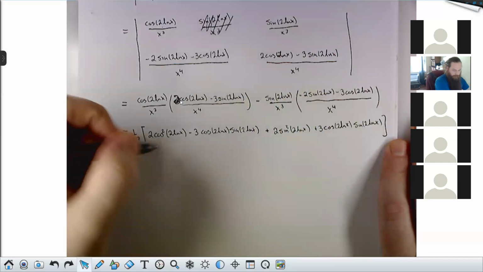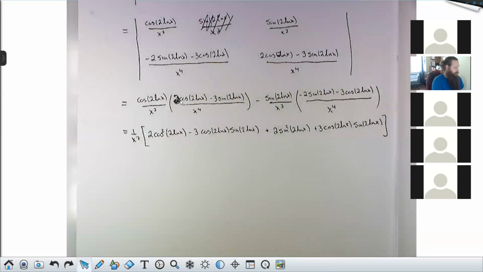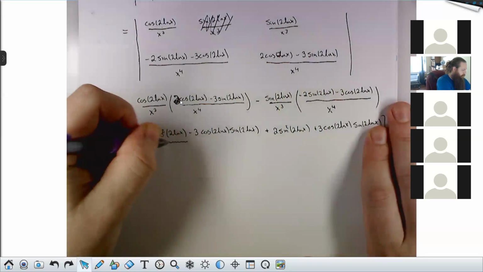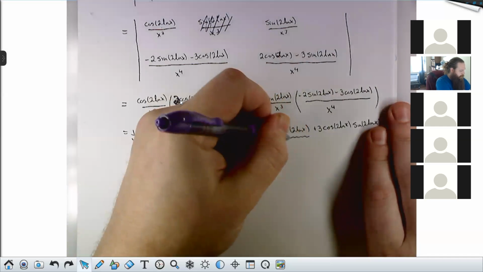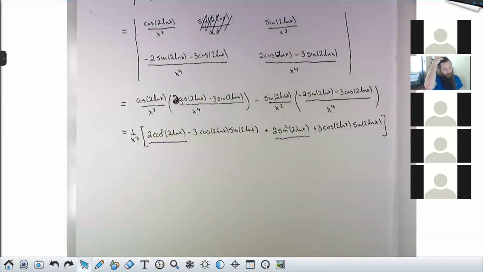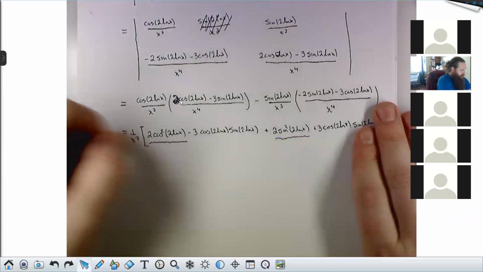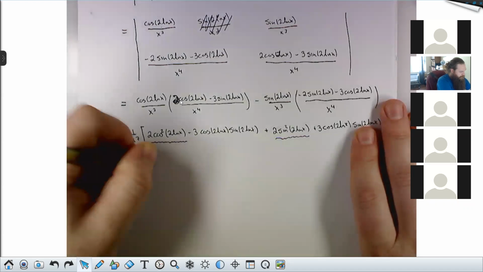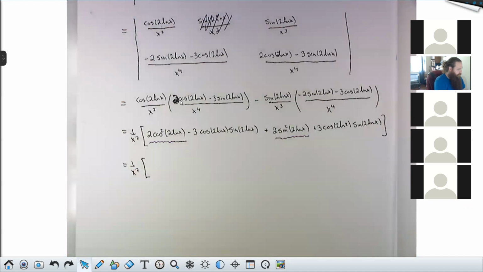All right, some things to observe. This term plus this term is equal to 2, right? If you put those next to each other, factor out a 2, you've got cos squared of something plus sine squared of that same thing. So your Pythagorean identity tells you that sum is 1. So those two add up to 2. Put it in purple so you can see where each piece is coming from.